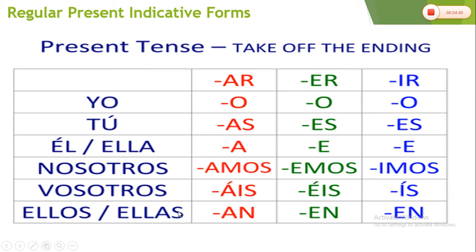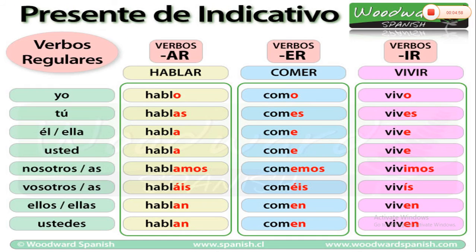Usted comes in this category: ellos, ellas, and ustedes take the ending an always, and hence I have written ustedes habla, AR will get replaced with an, hablan. Ustedes hablan means you all speak.